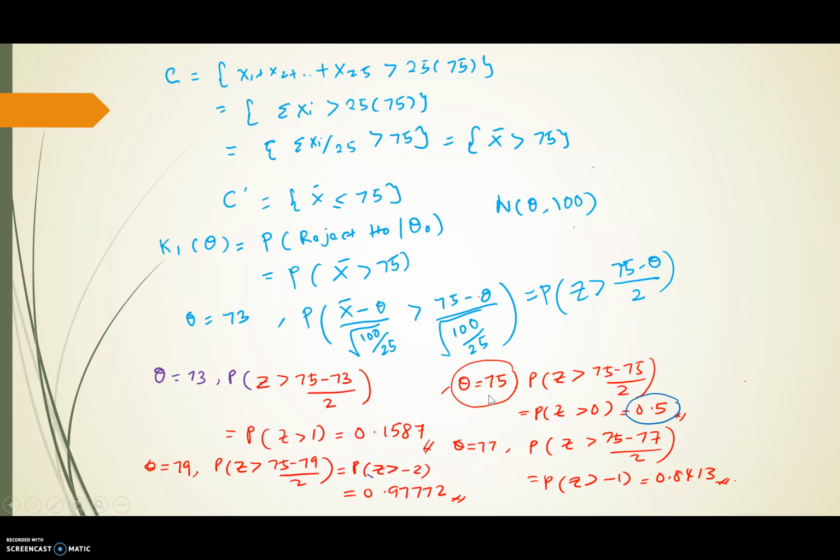For testing theta equals 75, we got a probability of 0.5. That means the probability of rejecting H0 when H0 is true is half. Many statisticians and research workers find it very undesirable to have such a high probability as half assigned to this kind of mistake. So in this case, test 1 does not appear to be a very satisfactory test.